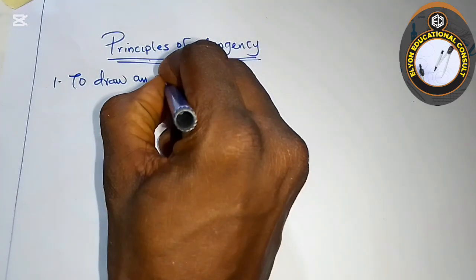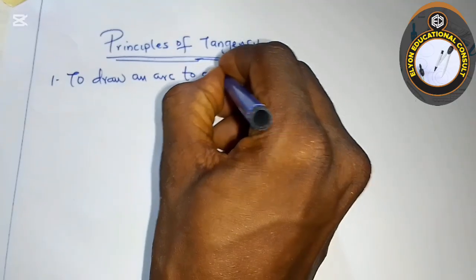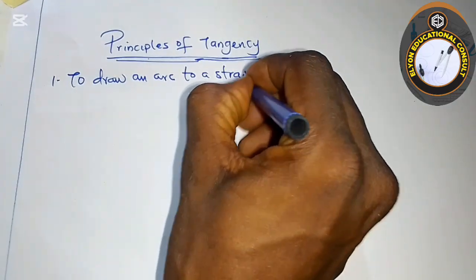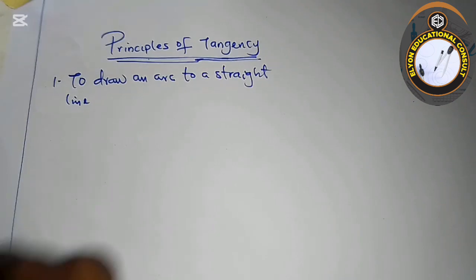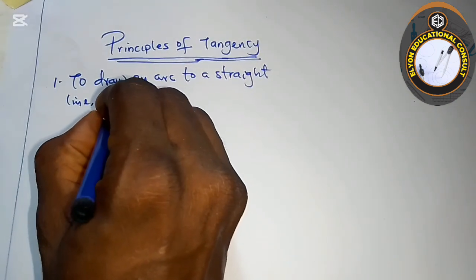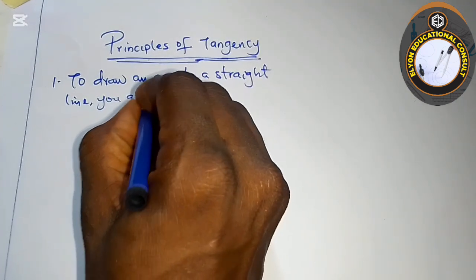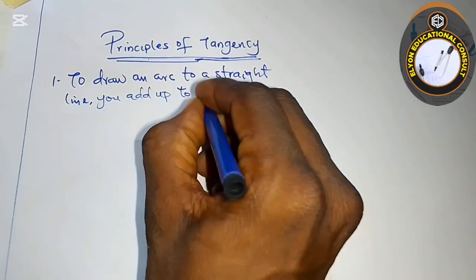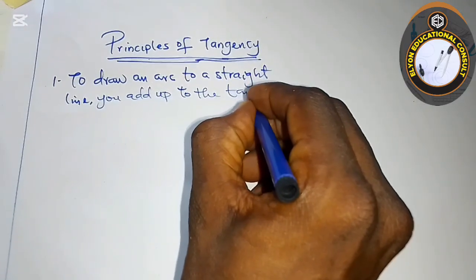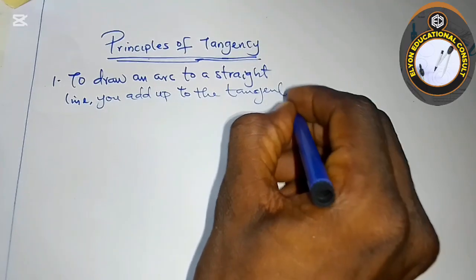If I have to draw an arc to a straight line, you add up to get the tangent.